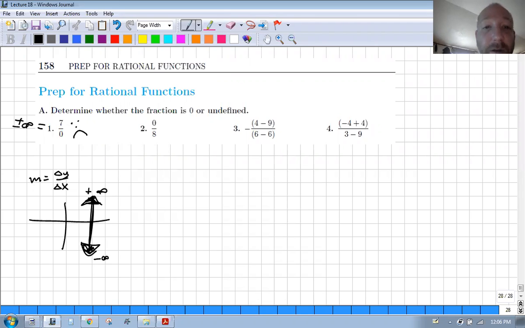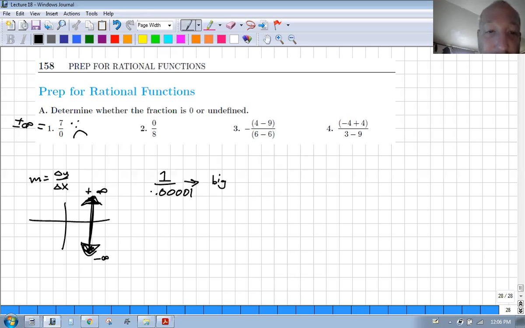Think about 1 over 0.00001. This is a number really close to 0, but it's positive, right? So this is big, right?